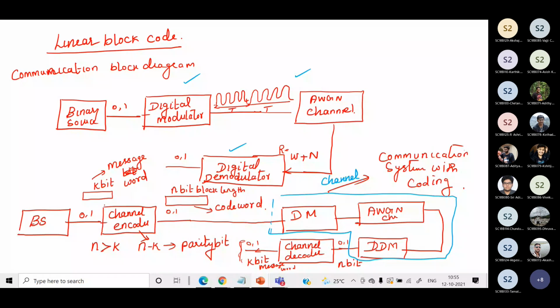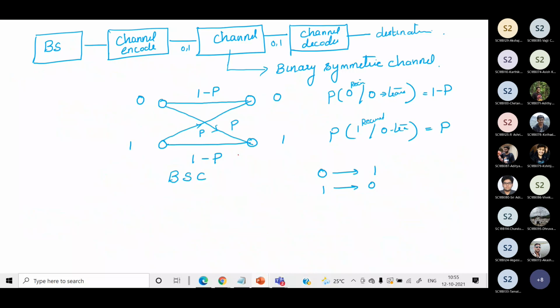To add the extra bits at the transmitter we use one block, the channel encoder. At the receiver we use the channel decoder, which has to detect and correct. The rest of the blocks, digital modulation, AWGN channel, and demodulation, combined together, I take as a channel, that is the binary symmetric channel.